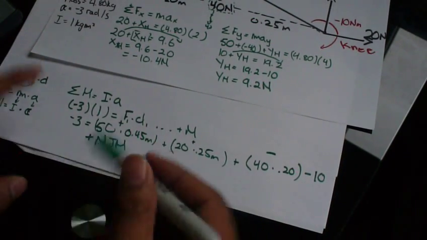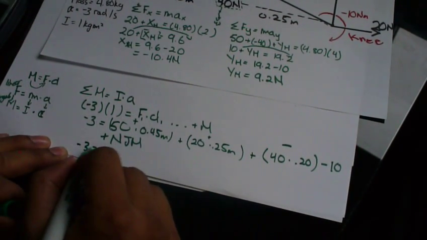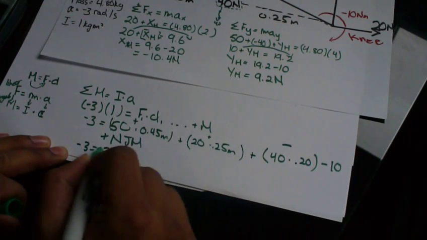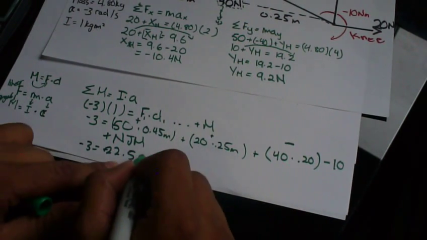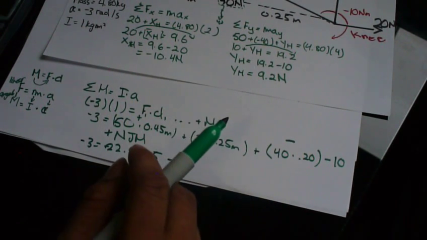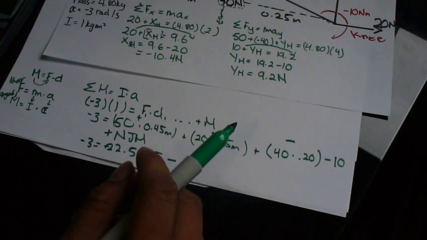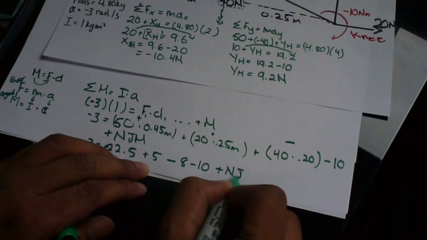So we have to take into account all the moments. So let's do this up quickly. Okay, so we have 50 times 0.45. So negative 3 equals 22.5, and this is a positive moment. So 20 times 0.25 is 5, minus, because we know this creates a negative moment, 40 times 0.20, so negative 8, minus 10, plus net joint moment.